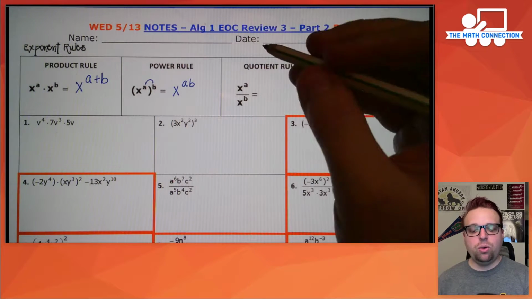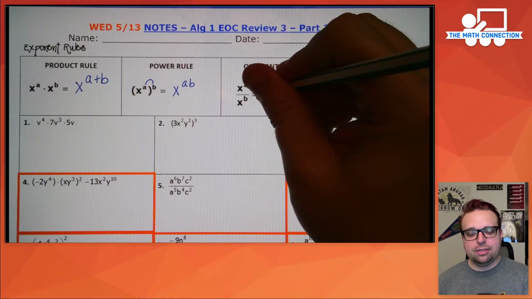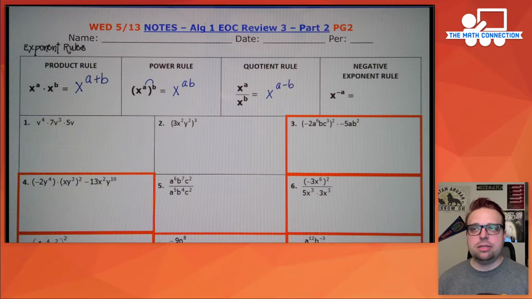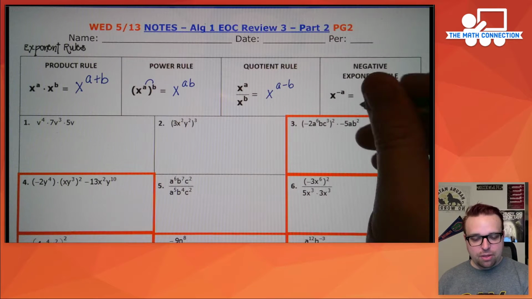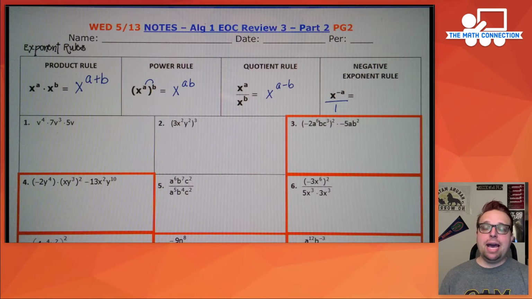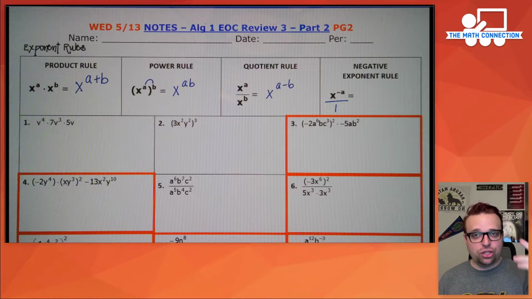You can also do a quotient rule. What this means is minus. So this will be x to the a minus b, the top exponent minus the bottom one. The negative exponent rule, okay? Remember, this is the same thing as saying x to the negative a power divided by 1. Negative exponents, if they're upstairs, they can go downstairs, and if they're downstairs, they can go upstairs, and you change that sign.